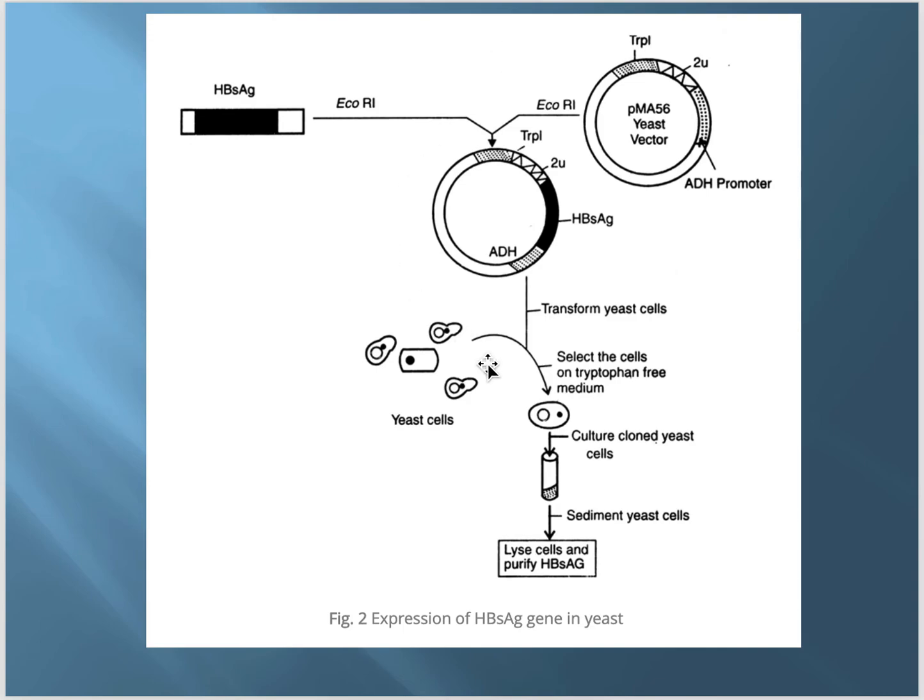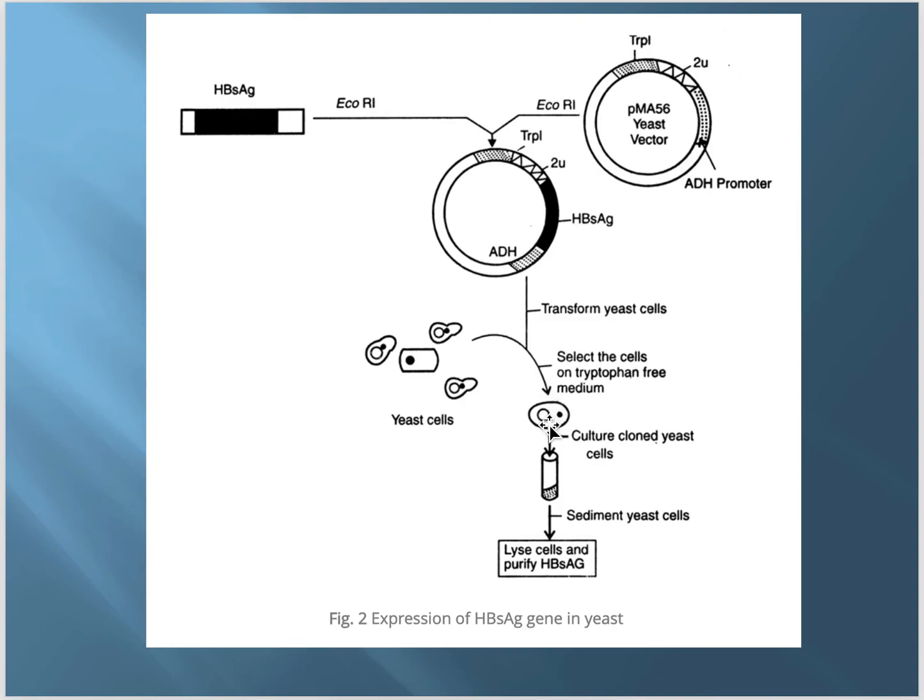So there are screening methods, and using those methods you can specifically select the yeast which have the plasmid. Then after selection you have your yeast with the plasmid.